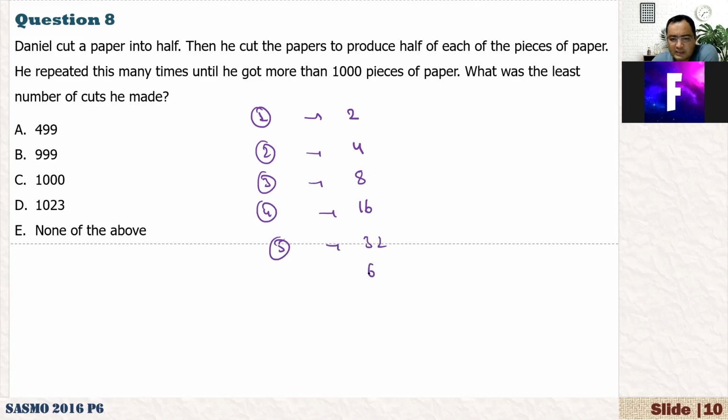Let me continue: 64, 128, 256, 512, and 1024. That is first, second, third, fourth, fifth, sixth, seventh, eighth, ninth, 10. With just 10 cuts, I can cut this into more than 1,000 pieces. So what was the least number of cuts? It is just 10.